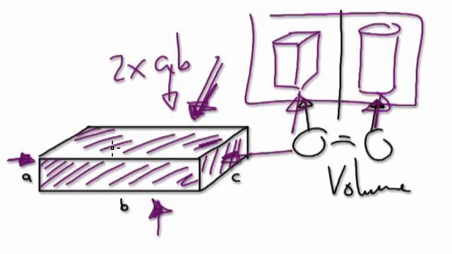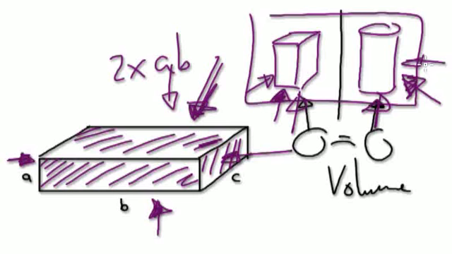Now, if you own a wood making company, you have to paint your wood. If you want to work out how much paint you would need, which one would require less paint, this block or this cylinder?